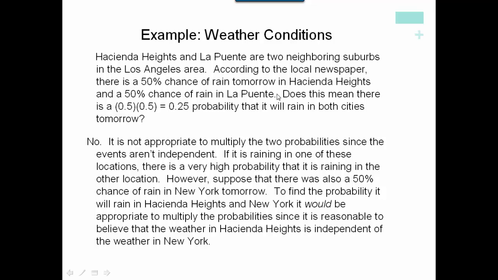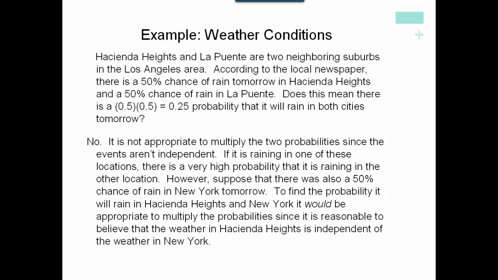Here's another example. Hacienda Heights and La Puente are two neighboring suburbs in the Los Angeles area. According to the local newspaper, there's a 50% chance of rain tomorrow in Hacienda Heights and a 50% chance of rain in La Puente. Does this mean there is a 0.5 times 0.5 equals 0.25 probability? The answer is no. It is not appropriate to multiply the two probabilities because they aren't independent events.